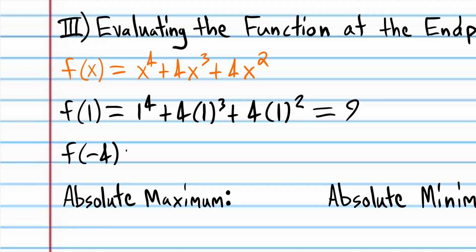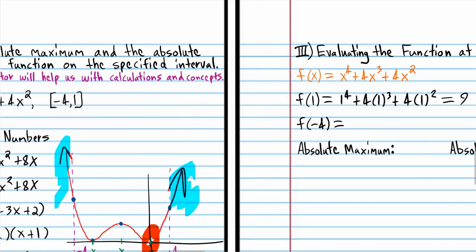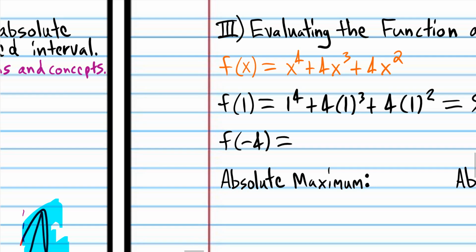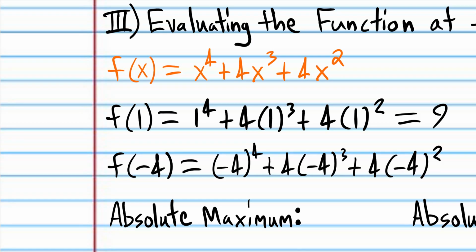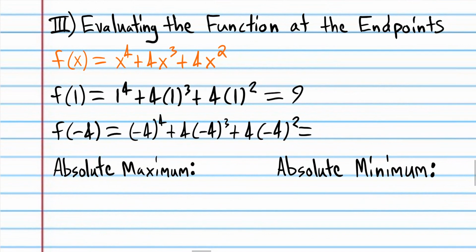Now we need to plug in the x value of the other bound, so -4. And this is really going to be difficult to calculate for most students. So this is an example where you want to use your calculator.